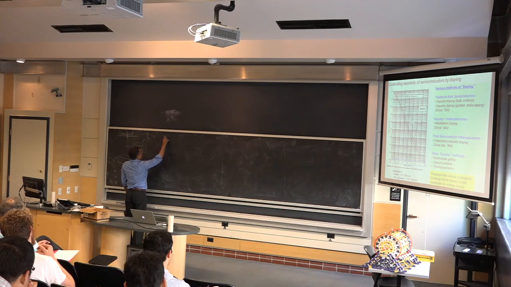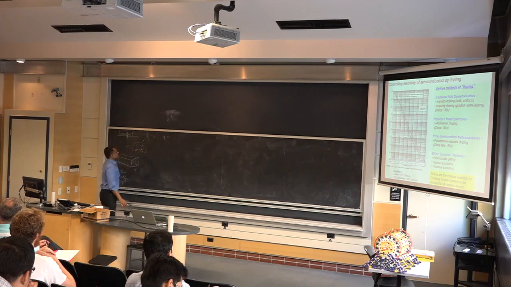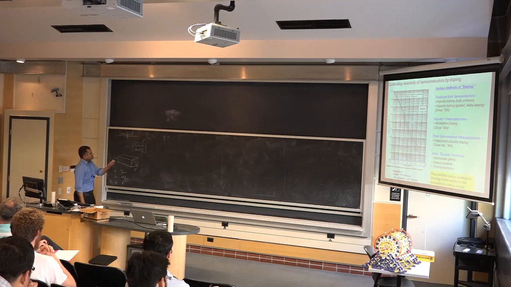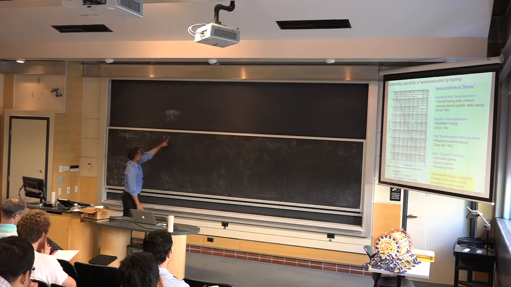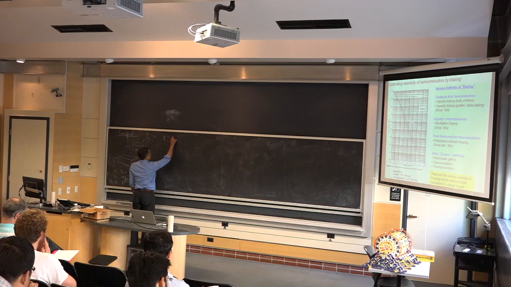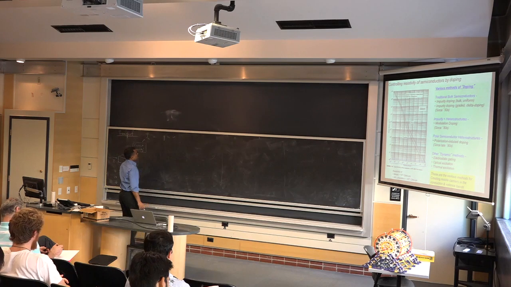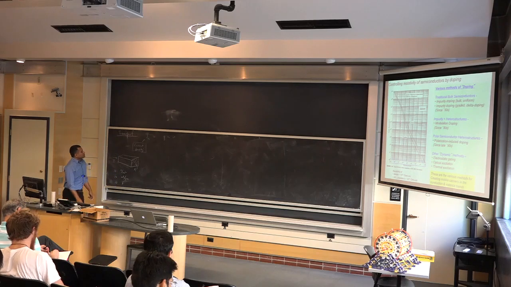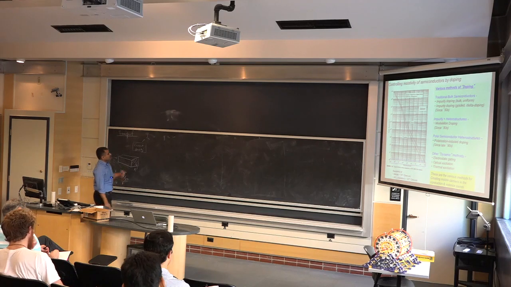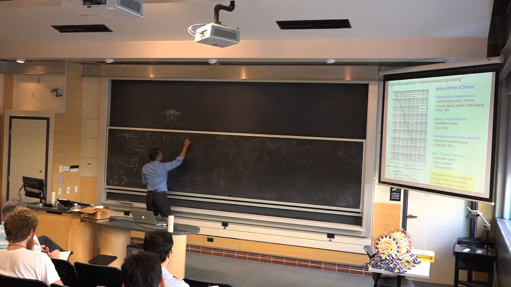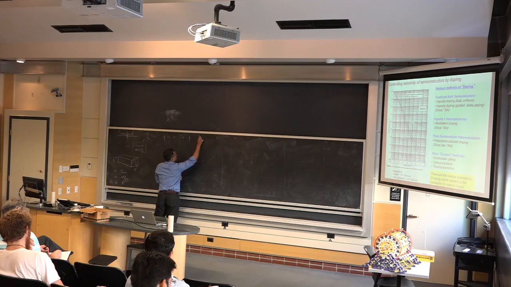So in general, the current is always the electron charge, which I'll represent with Q, times the electron density times the velocity. Let's write the velocity as V. That's one component of the current. And there's another component, which we will write as the electron charge times a gradient in the electron density.